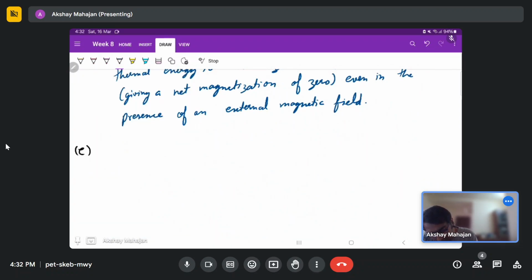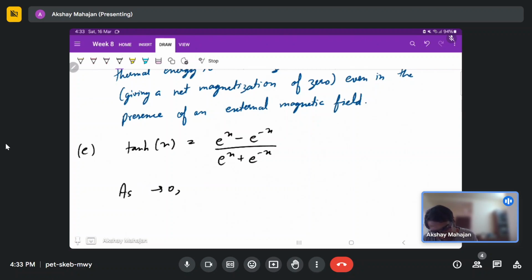So in this part, we need to find this M versus H relation for H tending towards zero. Basically, we have this tanh formula: (e to the power x minus e to the power minus x) upon (e to the power x plus e to the power minus x). And as we know, if your x is tending towards zero, we can say that tanh x will tend towards x.